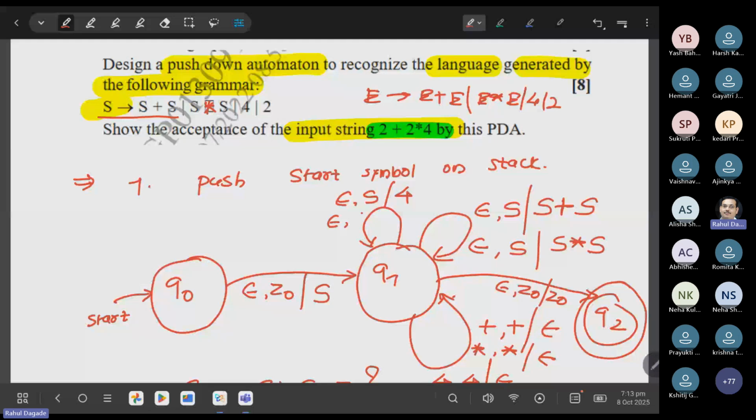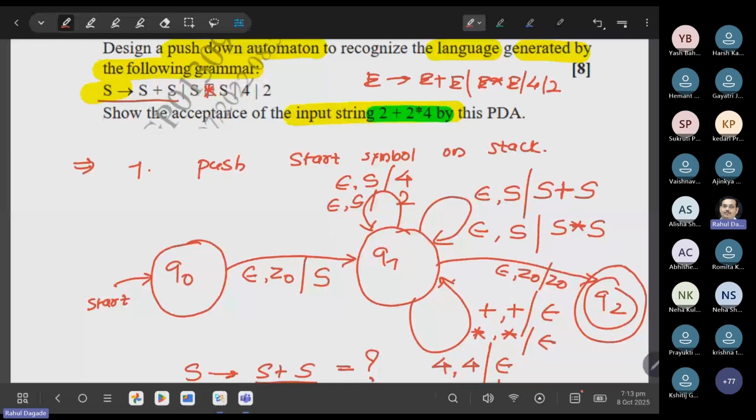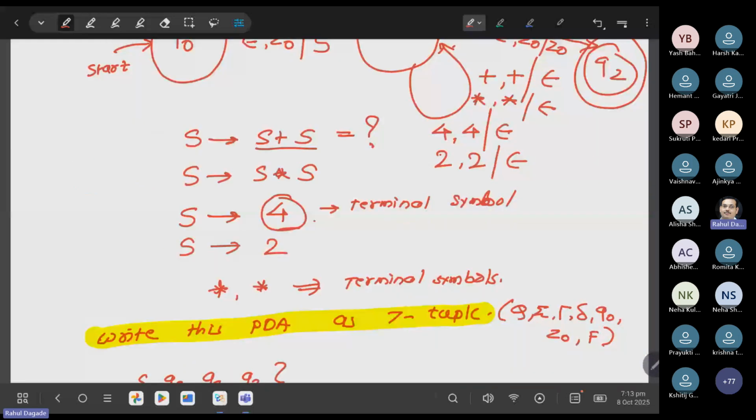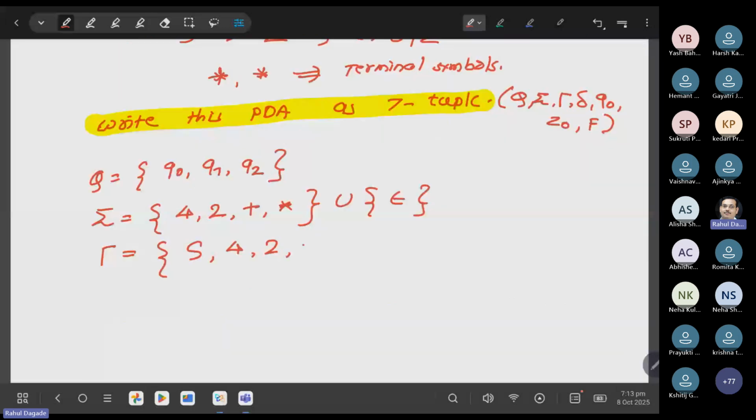Okay, so these also have to be added in this Q1 state, because it is also part of the production S gives 4. So for this we added null as an input, S is on stack, push 4 on stack, and for this we added null is an input, S is on stack, push 2 on stack. Okay, so stack symbols also contain S, 4, 2. It also contains plus, it also contains multiplication, and it also contains union Z0, which is the start symbol.